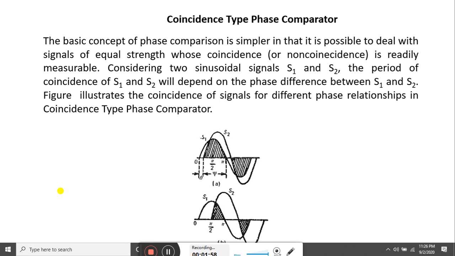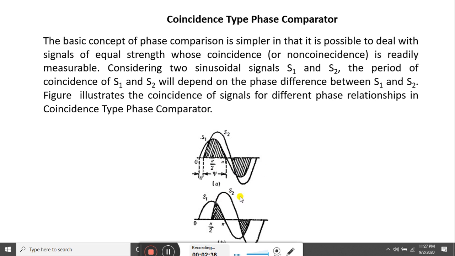So the basic concept of phase comparison is simple in that it is possible to deal with signals of equal strength whose coincidence or non-coincidence is readily measurable. We can apply it where the coincidence or non-coincidence between two signals is measurable. Let us consider the diagram shown here, which has two signals, S1 and S2.